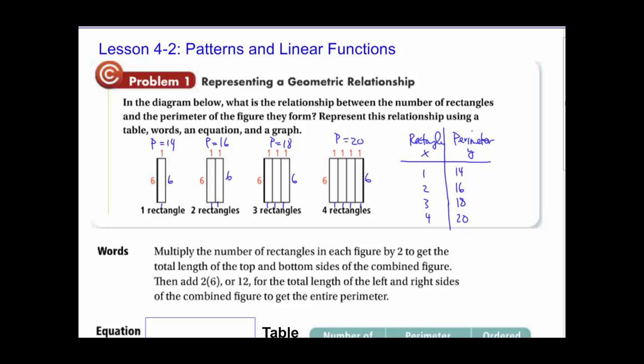Then we can add 2 times 6, or 12, for the total length of the left and right sides. What you'll notice is that every time, the sides are always going to be 12, or there's 2 6s every time, no matter what. So what's really happening on the top and bottom is that for each additional rectangle, we're adding 2 extra sides.